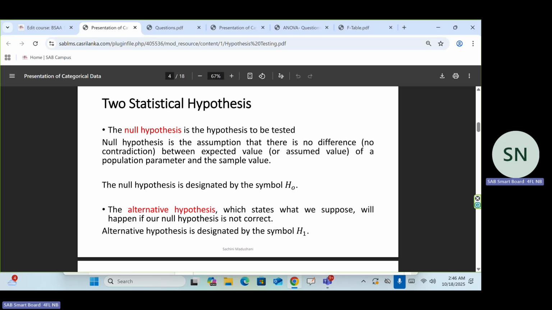The null hypothesis is the opposite of the alternative one. The null hypothesis is the thing we need to disprove. Here we need to prove that the average mark is greater than 40. What is the thing we need to disprove?